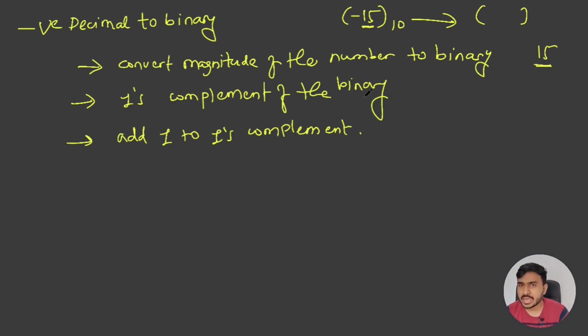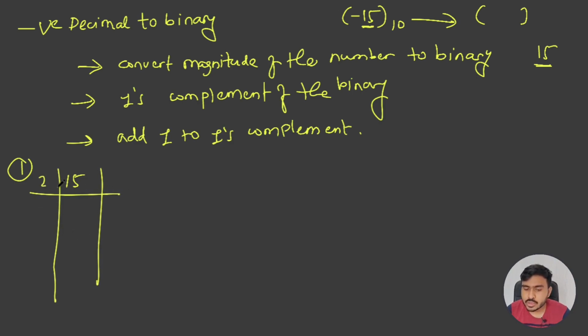So let's start with minus 15. We'll first do step number 1. In step number 1, we have to convert magnitude of minus 15 into binary. So we have to convert 15 into binary. Let's quickly do that. Let's divide 15 by 2. 7 twos are 14, we get 1 as a remainder. Then divide 7 by 2. 3 twos are 6, we get 1 as a remainder.